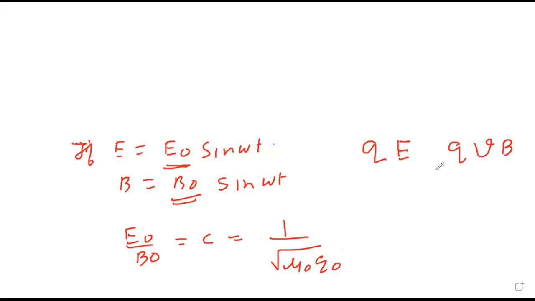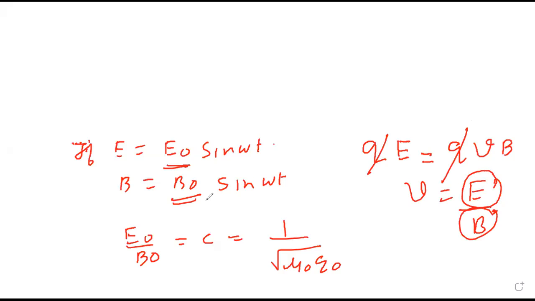This we are going to study in 12th. When both become equal, then charges will get cancelled. So velocity is actually E upon B. E means electric field, B is magnetic field. So we say the magnitude or amplitude of electric and magnetic fields ratio gives the velocity.